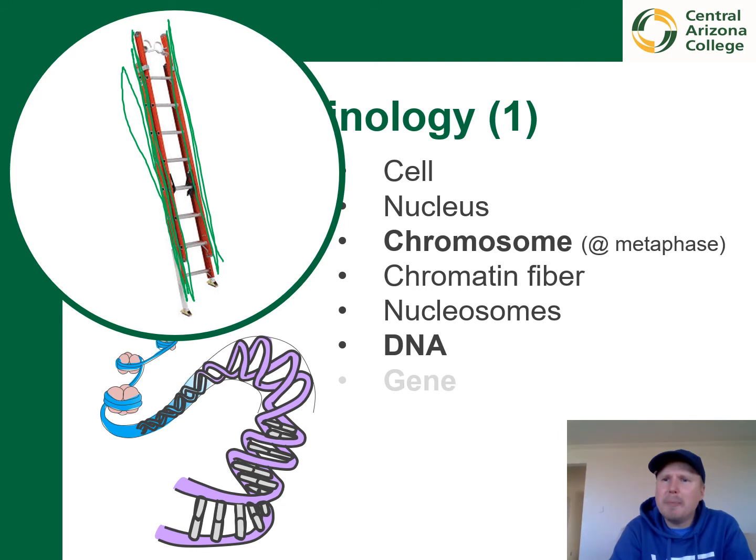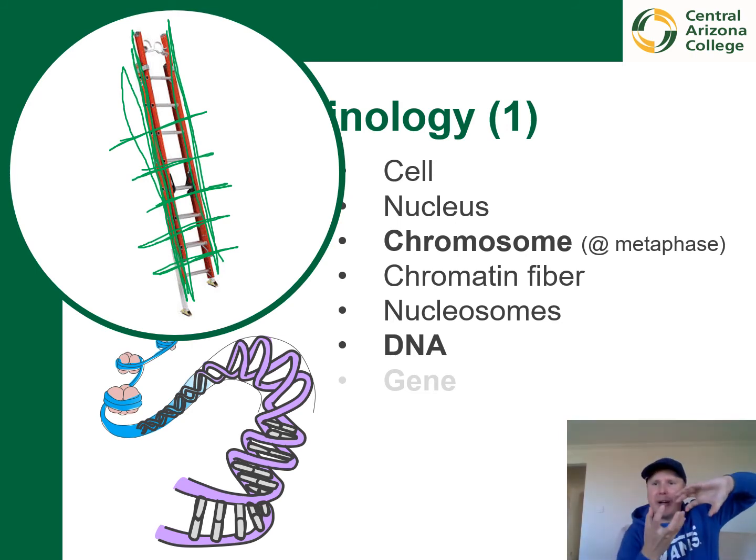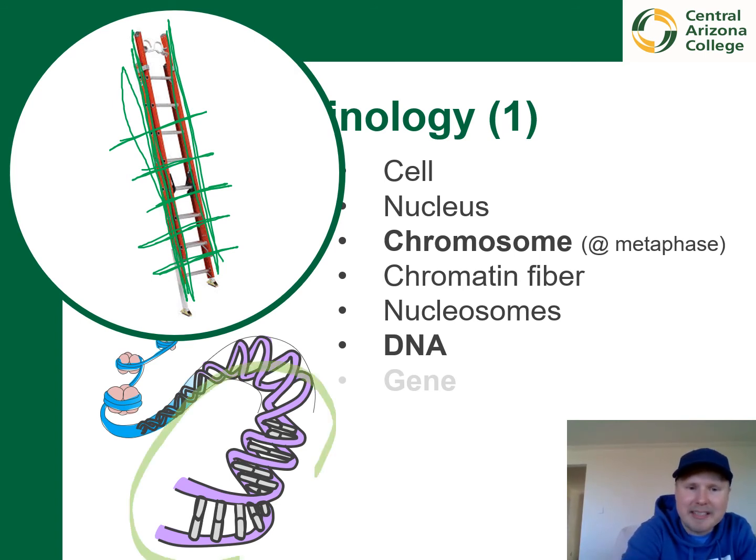So these are going to be two of those strands. And the bases are like these horizontal cross beams that we see here when climbing on a ladder. And of course, all of this is then twisted around itself to give the appearance of the DNA that we are used to seeing.